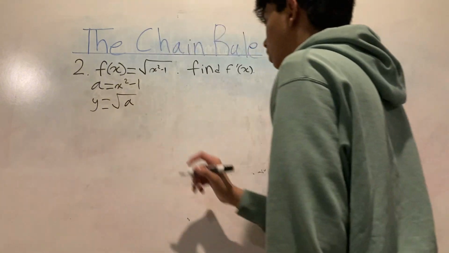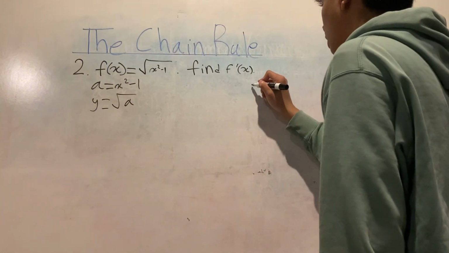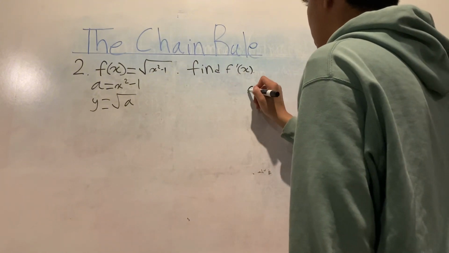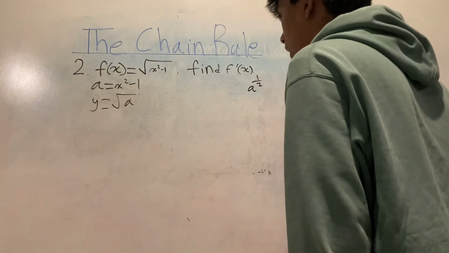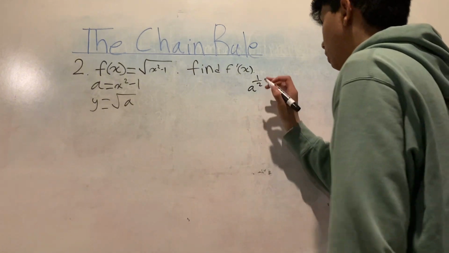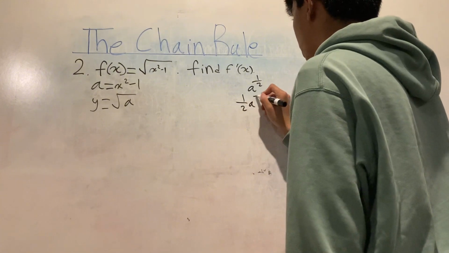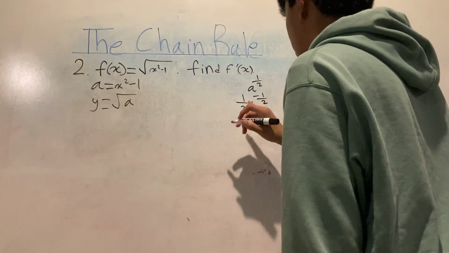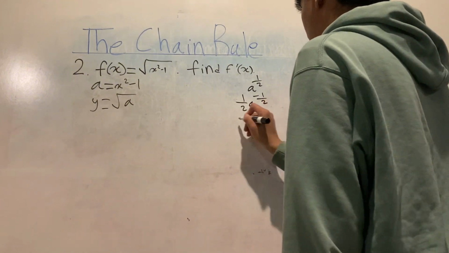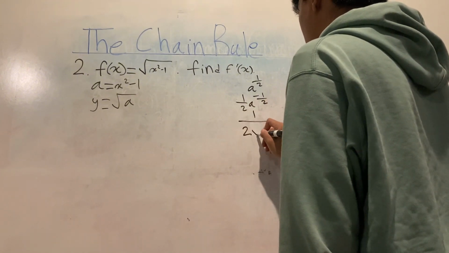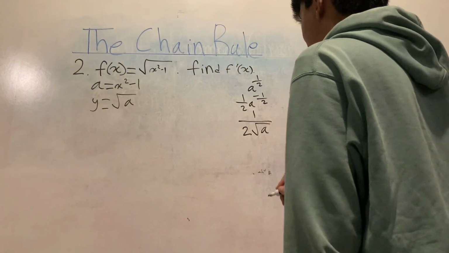And now to find the derivative of y, we can just go here. Square root a is really just a to the 1 over 2. And now we can just use the power rule. So we can bring the 1 over 2 down and subtract by 1. So we have negative 1 over 2. And once you simplify this, you'll get 1 over 2 square root a.